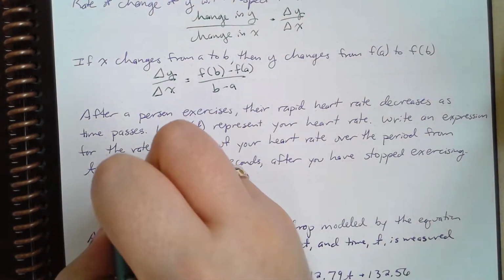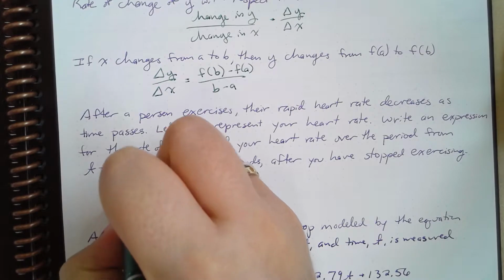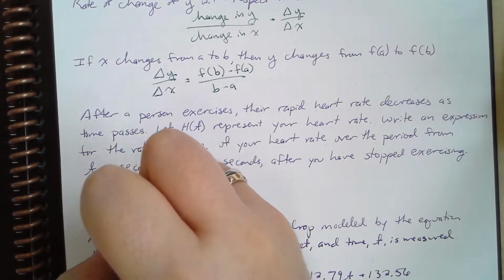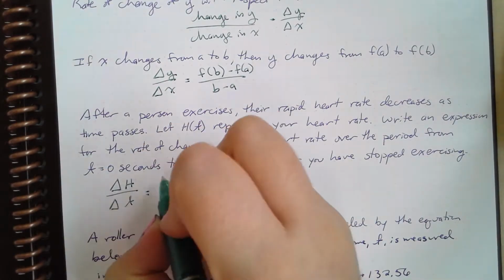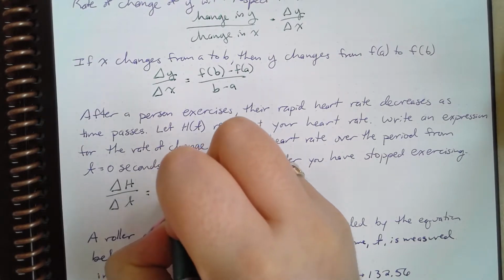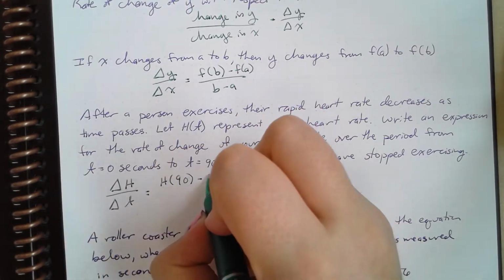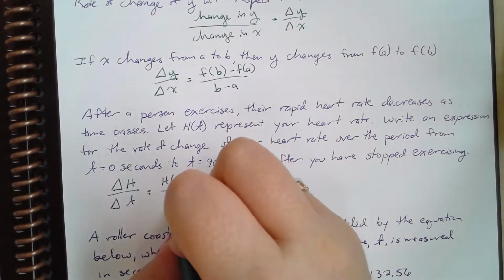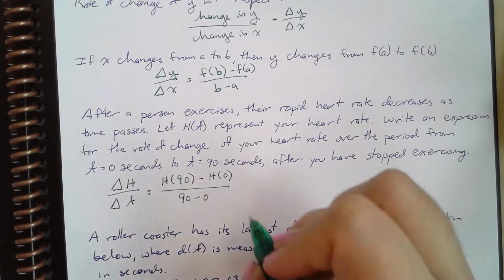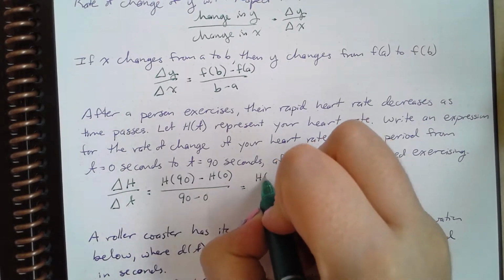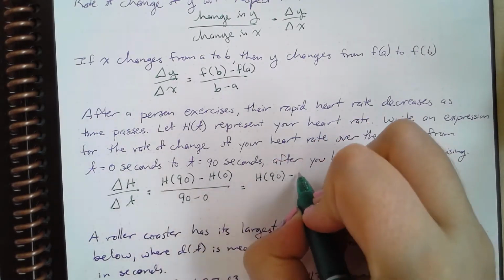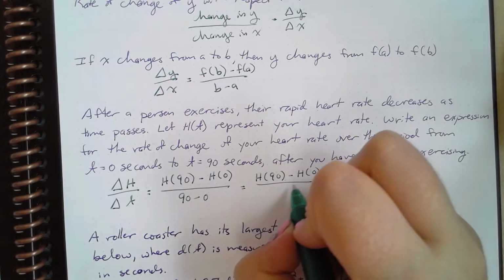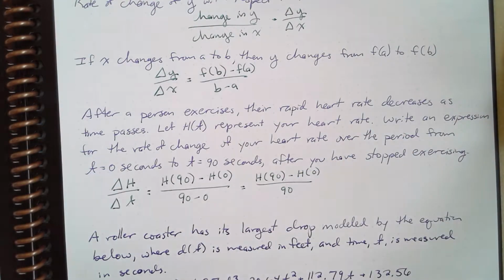Well, the change of our heart rate with respect to time is just going to be our heart rate at 90 seconds minus our heart rate at 0 seconds divided by 90 minus 0, which we could simplify as h of 90 minus h of 0 over 90. And that would represent the rate of change of our heart rate.